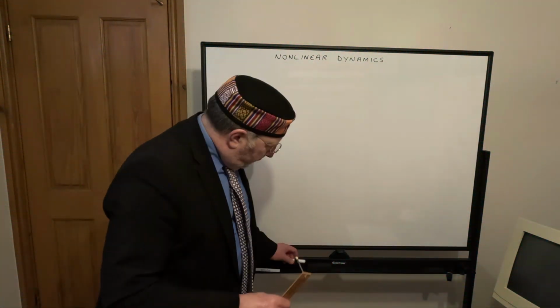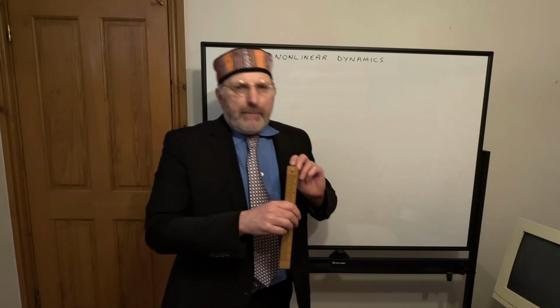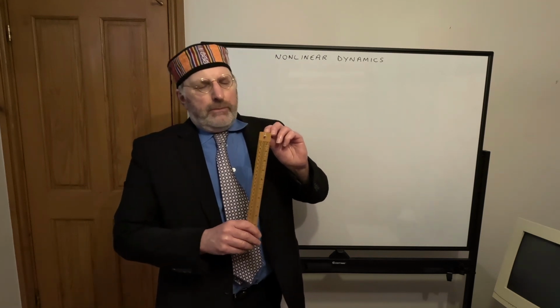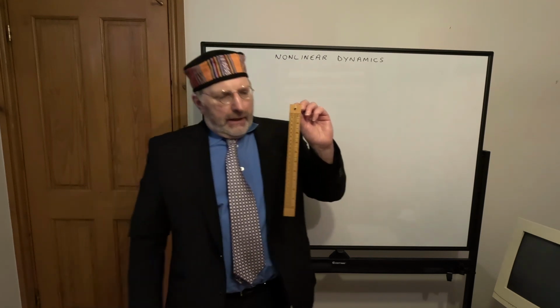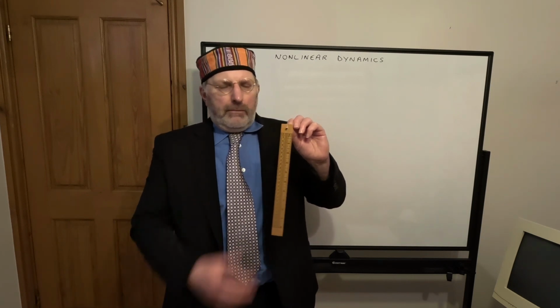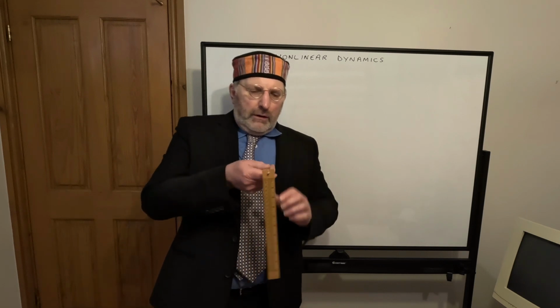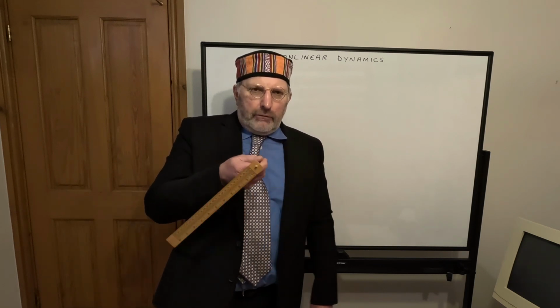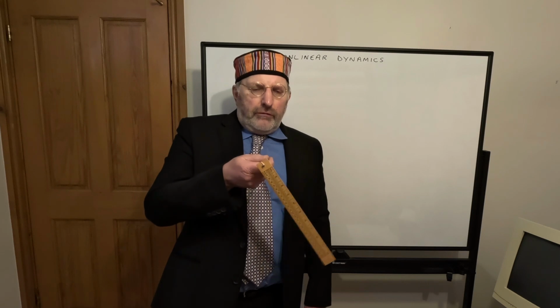Okay, and now I want to talk about the dynamics of a pendulum. So this is a pendulum. It's a rigid pendulum. So it's not a bob on a string, but it's a pendulum nonetheless, as it can swing around its equilibrium position.